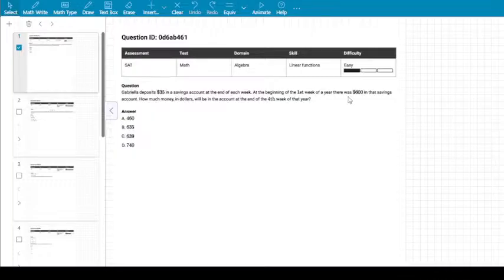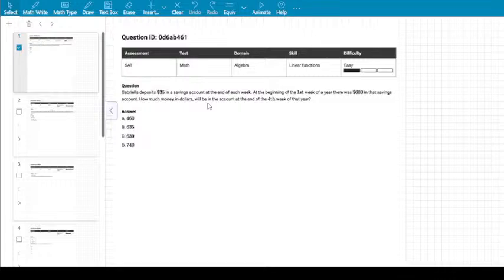So we have an initial amount that is $600, and we have a recurring savings being deposited, that is $35 for each week. At the beginning of the first week the amount is this, then 4 weeks have passed, and at the end of the fourth week of that year, we have to find the amount in the account.